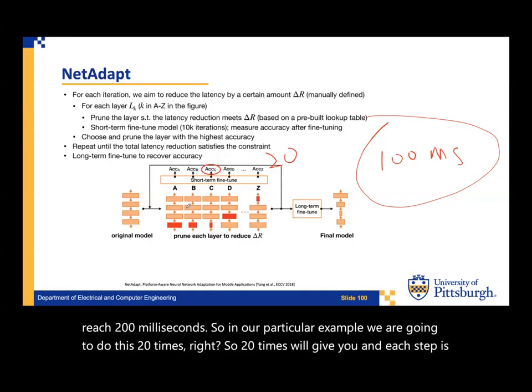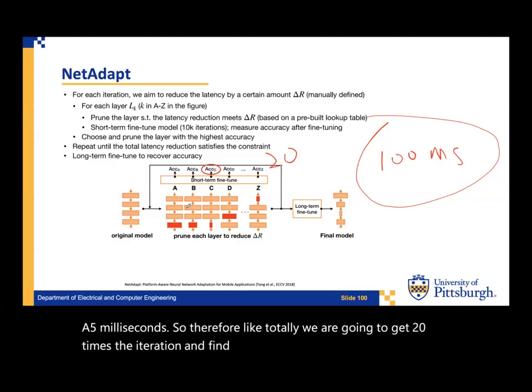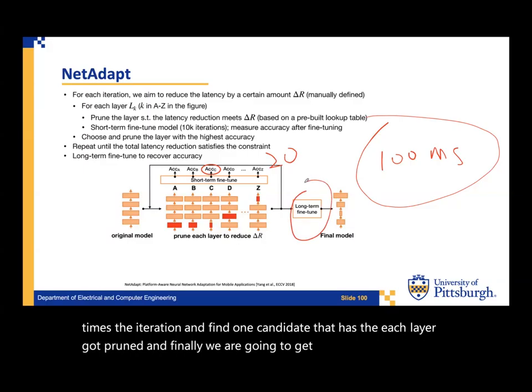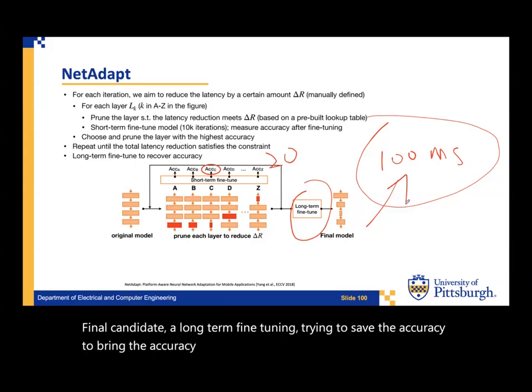So in total we get 20 iterations and find a candidate in which each layer got pruned. Finally, we give this final candidate a long-term fine-tuning to bring the accuracy back, to recover the accuracy.